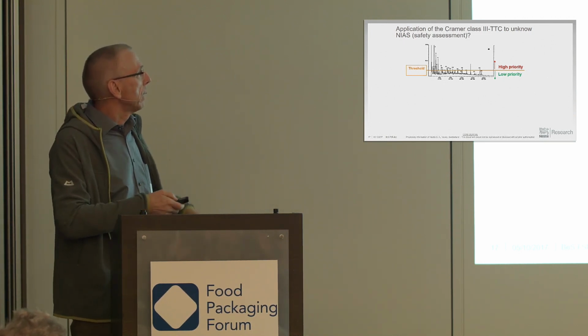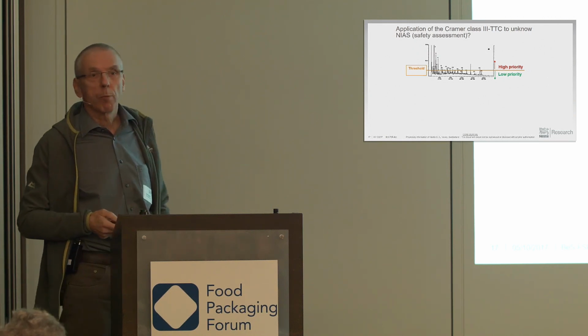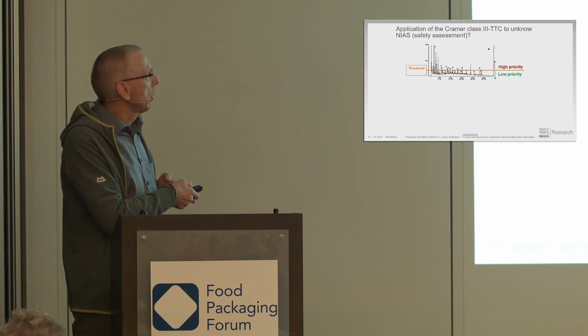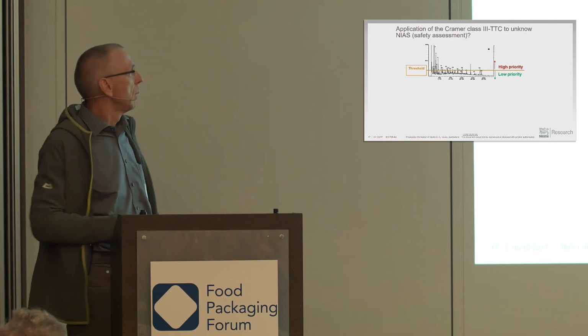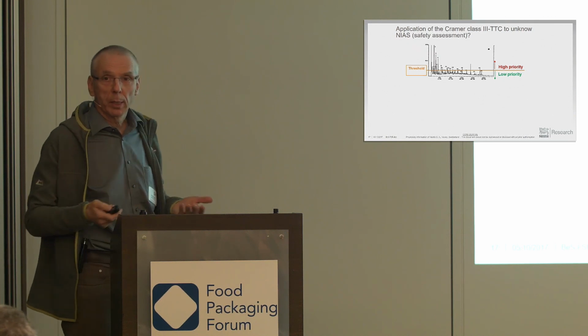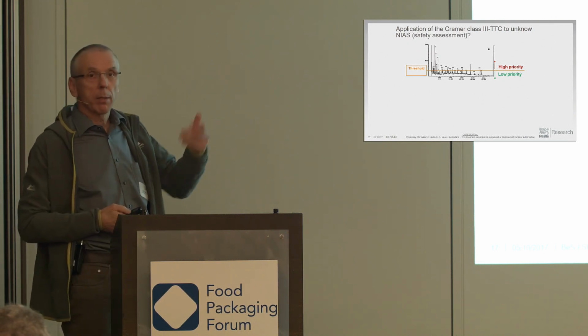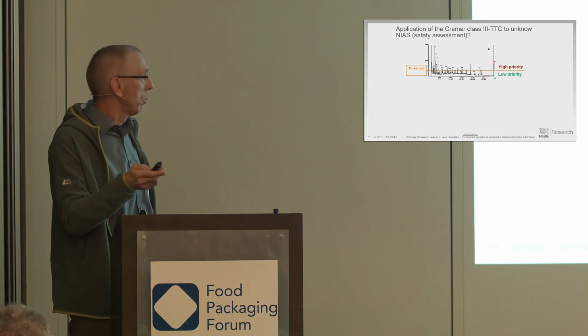So the idea is, when you have a chemical profile like that, the question is: could we put a kind of threshold here, saying that the effort in terms of identification and toxicology should be on the peaks which are higher than the threshold, and the rest would be of lower priority?